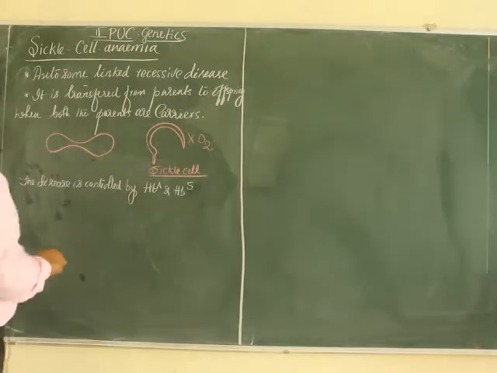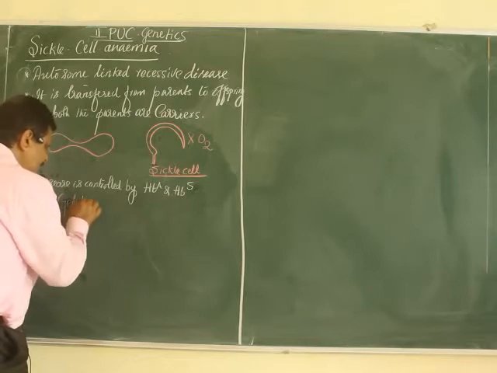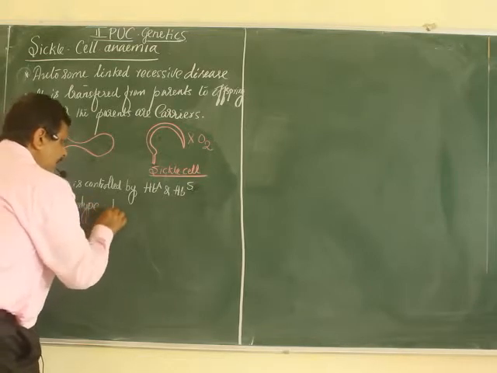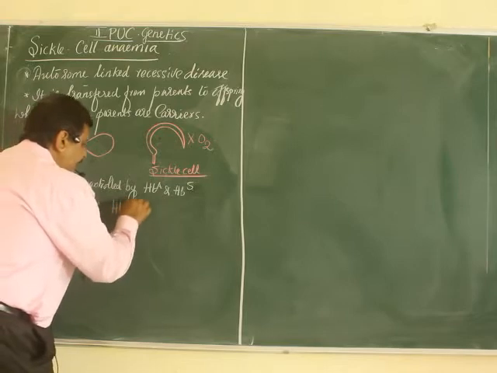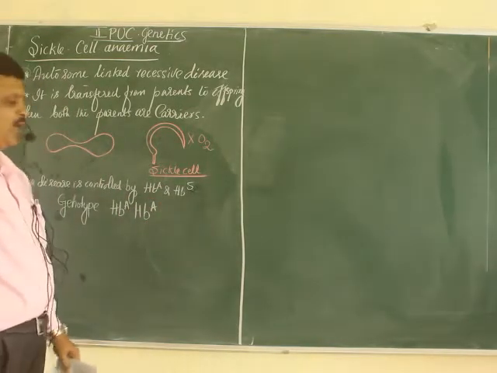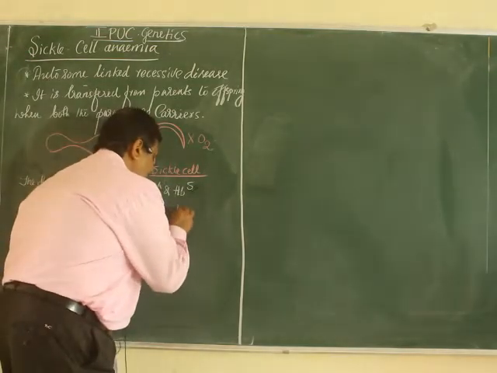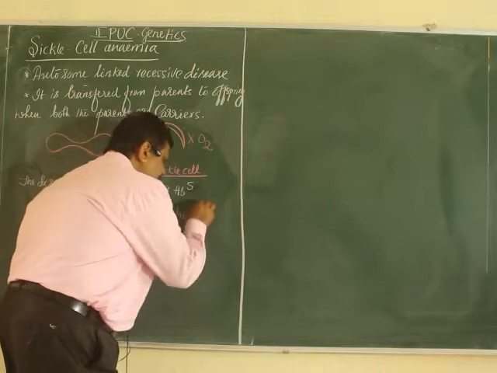If a person has the genotype HBA, HBA, the person will be normal.